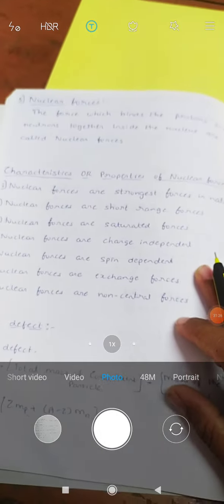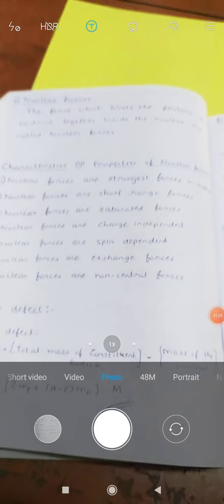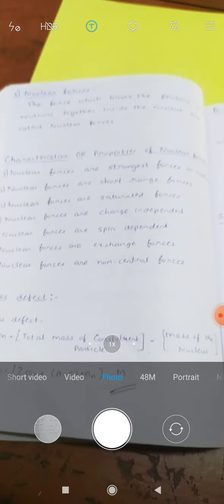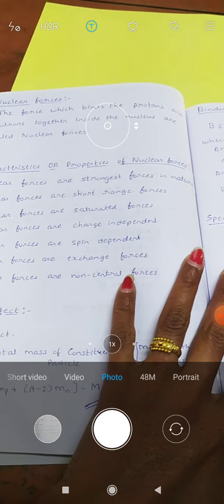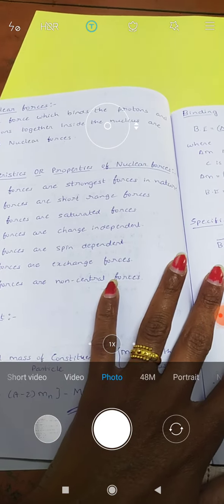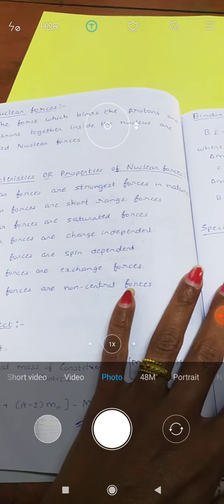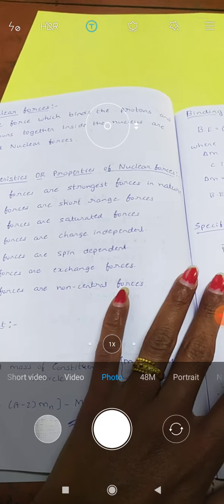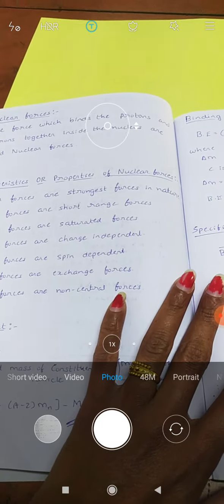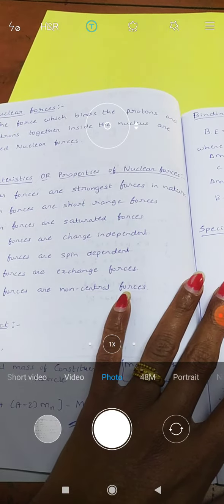Next, the fifth one is nuclear forces. The force which binds the protons and neutrons together inside the nucleus is known as nuclear force.